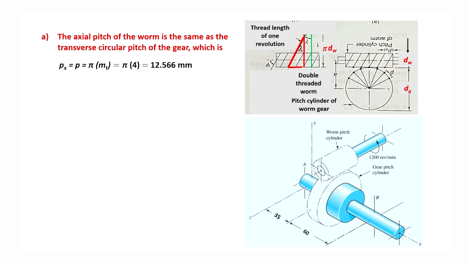Now, let us find the axial pitch of the worm. We know that the axial pitch of the worm is the same as the transverse circular pitch of the gear.